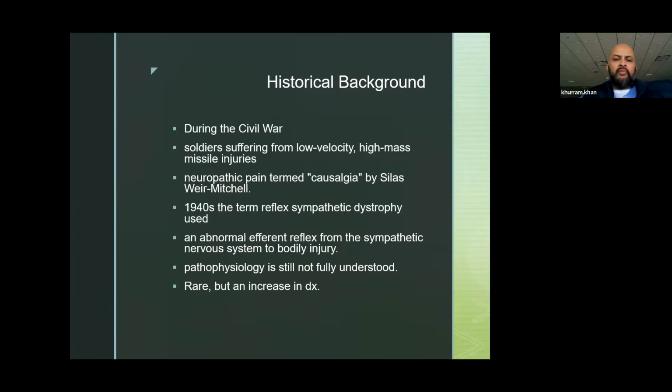And at that point in time, in the early part of the 20th century, it was thought that because of abnormal efferent reflexes from the sympathetic system to the bodily injury, to the trauma, these unusual types of pain syndromes were happening. Pathophysiology was not very clear, and the diagnosis was not very commonly made, except in the specialty clinics and the orthopedic clinics.